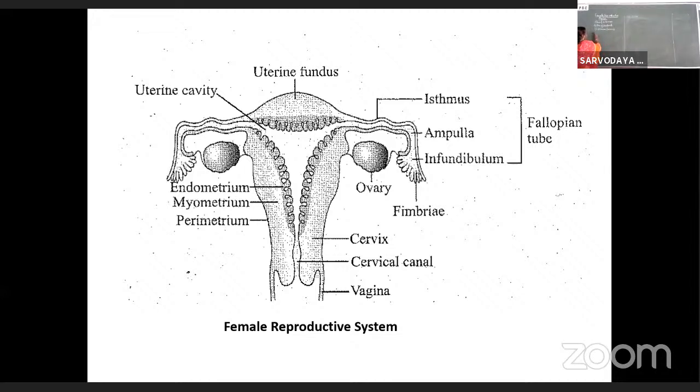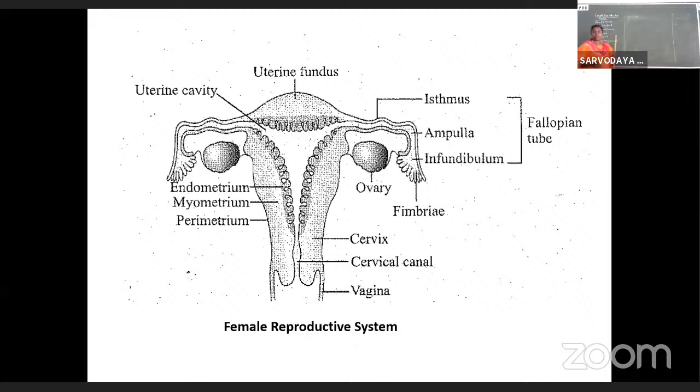Followed by the fourth part, which is named the cervix. The fifth part is named the vagina. And the sixth also includes the mammary glands.